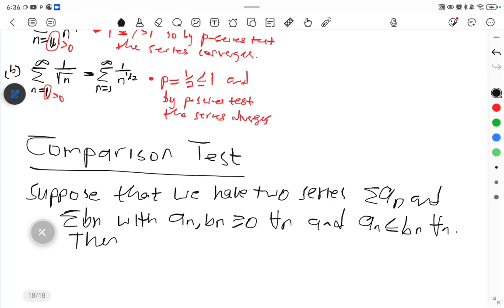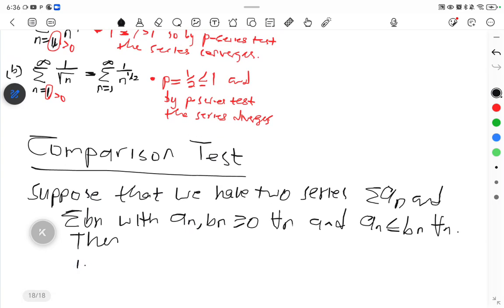Number 1, if we check the summation of b_n, the second series which we got after reducing, we find that this series is convergent, then this one also converges.